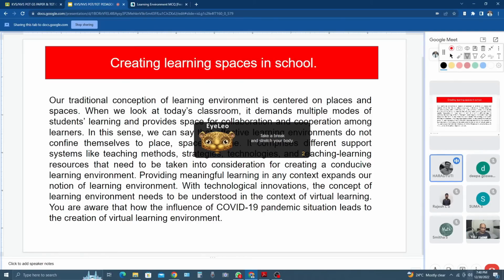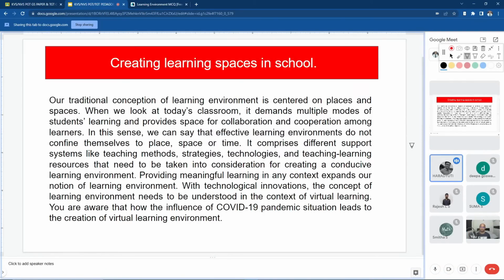Our traditional conception of learning environment is centered on places and spaces. When you look at today's classroom, it demands multiple modes of students' learning and provides space for collaboration and cooperation among learners. In this sense, we can say that effective learning environments do not confine themselves to place, space, or time. It comprises different support systems like teaching methods, strategies, technologies, and teaching learning resources that need to be taken into consideration for creating a conducive learning environment.